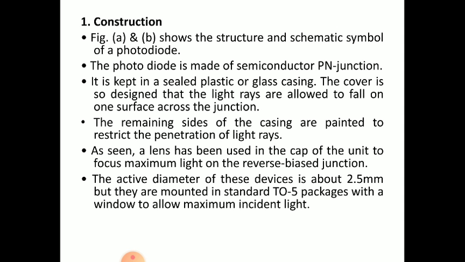It's about 2.5 mm. Very little, because the diode itself is very small. So on that we have to allow this cap. You would have already seen LEDs, actually photodiode-like things, in your personal life, right? You can compare the size.